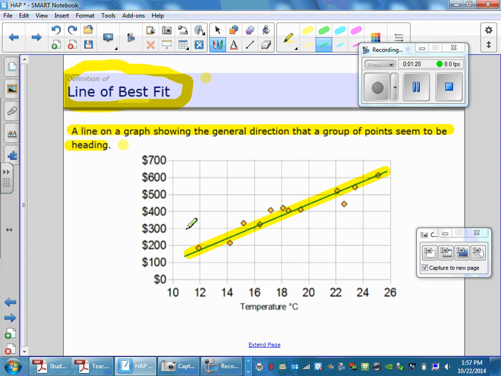Since this line is going up, you could envision a little man hiking up a hill, and so the slope, the line of best fit, is going up. So this slope or line of best fit is positive because it's growing.